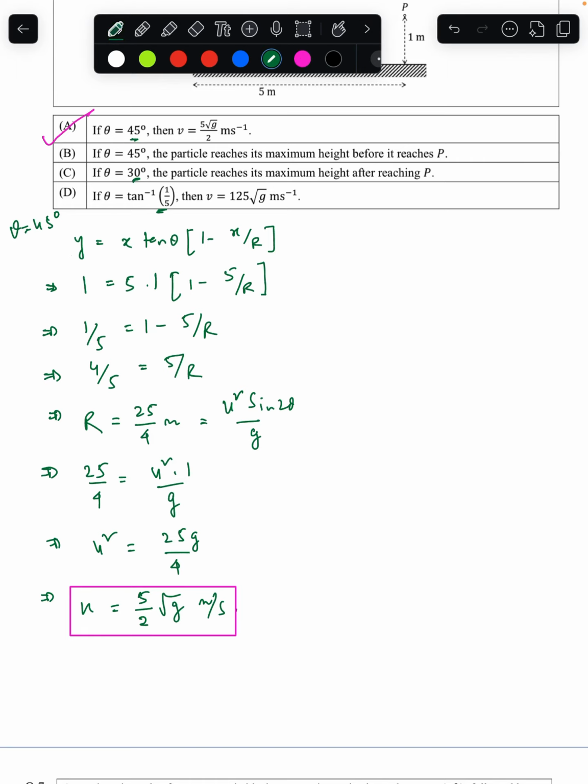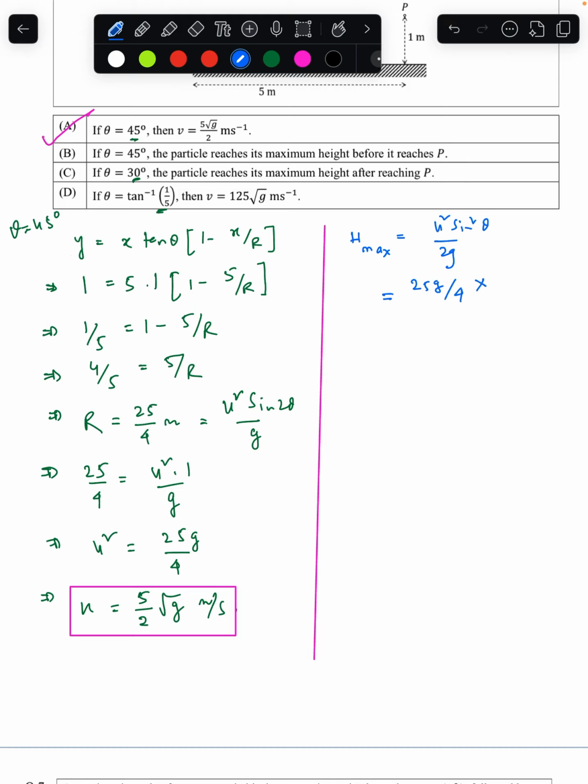Let us go for the other option verification. Next they are saying that for theta equal to 45 degree, the particle reaches its maximum height before it reaches point P. So for that I need to calculate the maximum height. H maximum is equal to u square sine square theta divided by 2g. U square is 25g divided by 4.